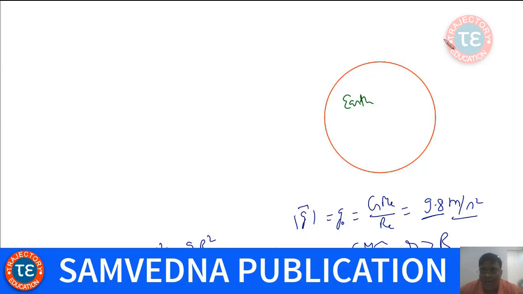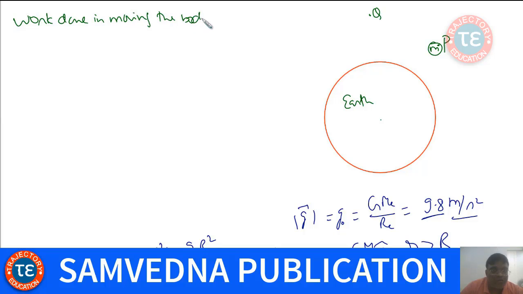If suppose this is earth, and suppose, if I talk in general, this is point P and this is point Q. Suppose we have to take the body of mass M from point P to point Q. Then what is the work done in moving the body of mass M from P to Q?